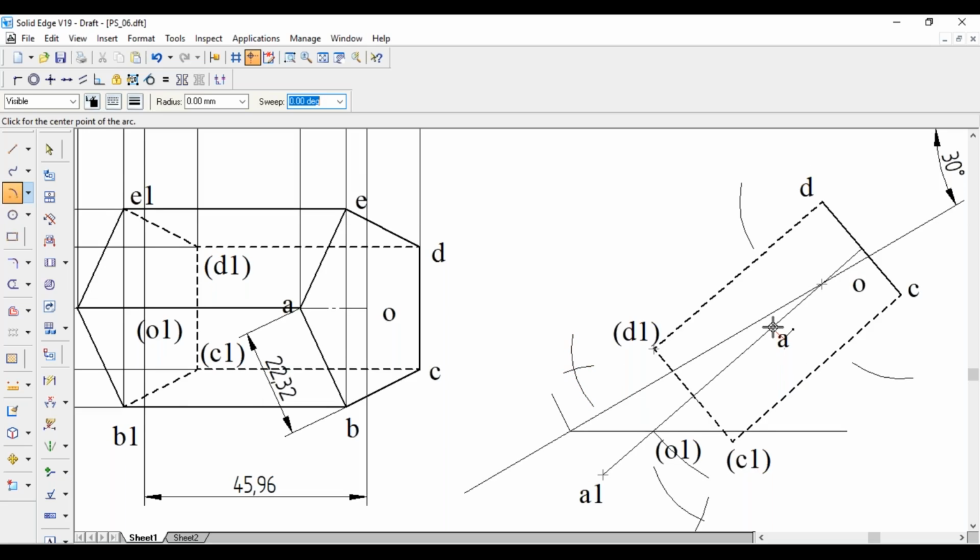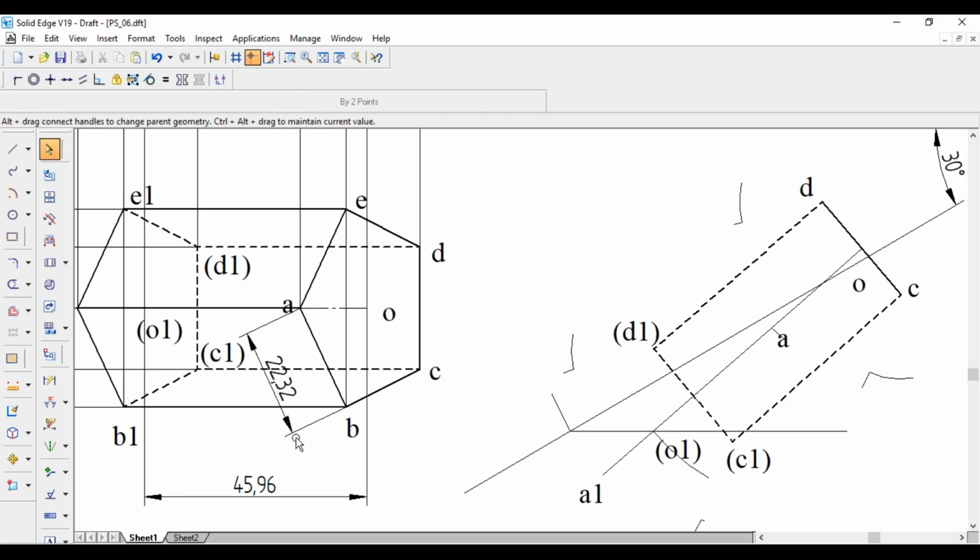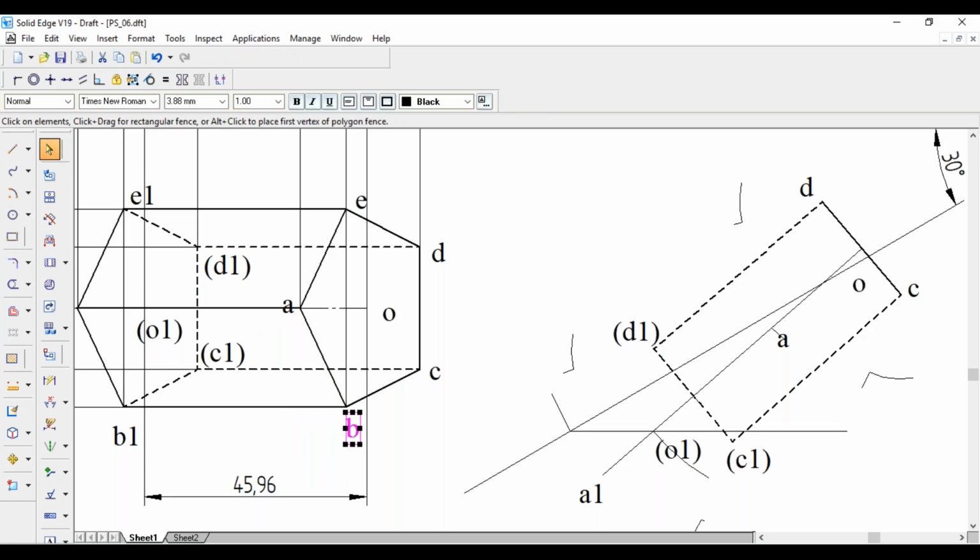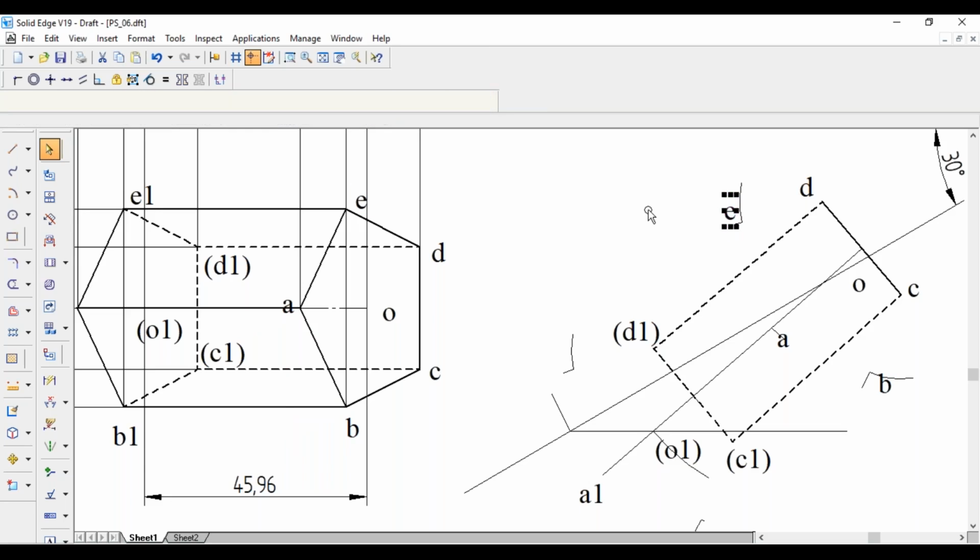Now with A as center, 22.32 mm as radius, draw an arc, and similarly with A as center, draw an arc on the opposite side. We will get the remaining corners. So this is B, E, E1, B1.